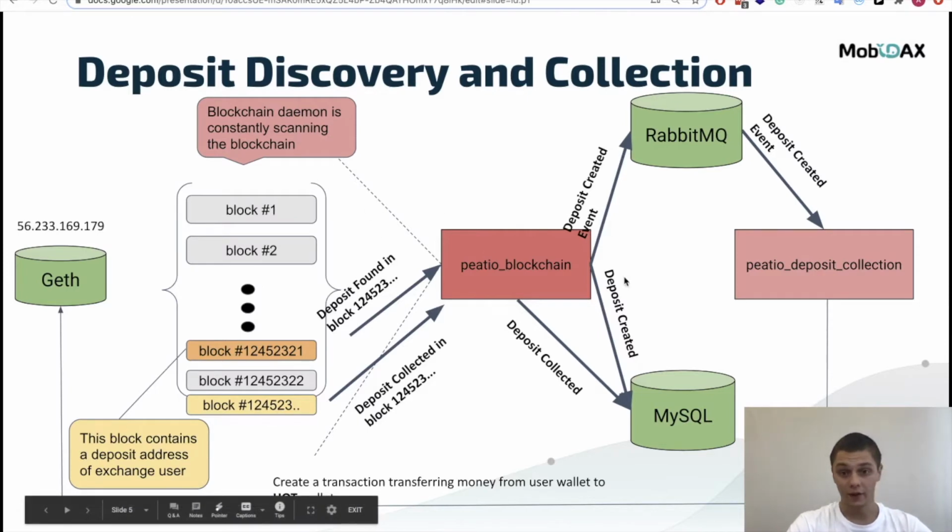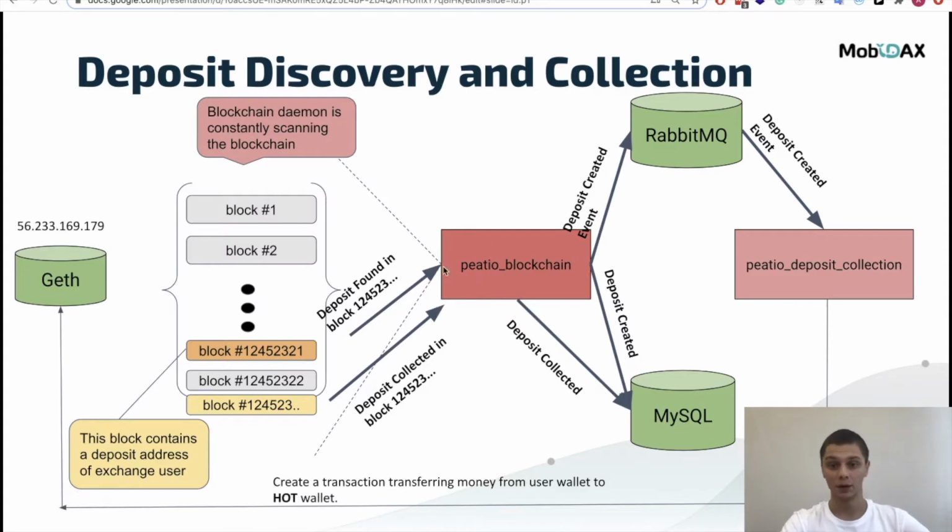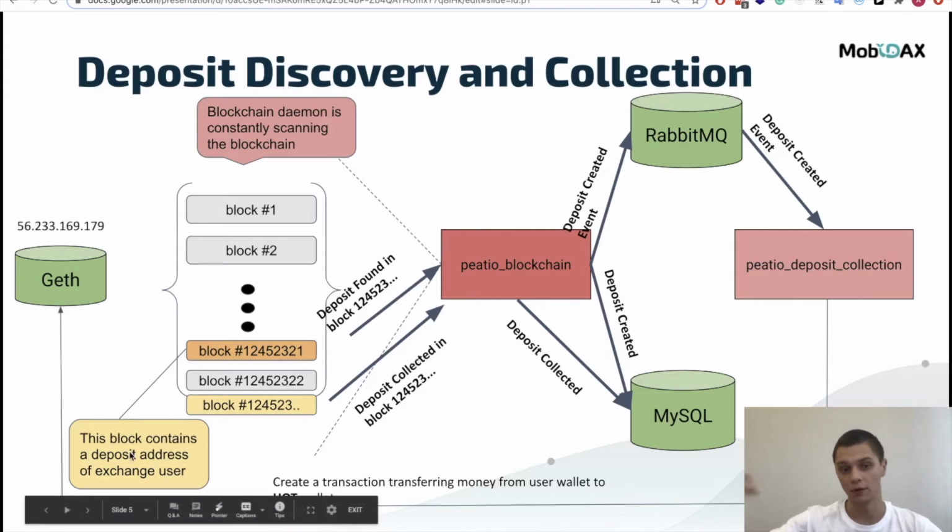And here on our side, on the server side, we have a daemon. A daemon is like a never-ending process. And this never-ending process is called Peatio blockchain. What it does is it constantly scans the whole blockchain. It's processing every block and looking for a deposit address that is on our exchange in some block and some transaction. Then it found this block where you sent your funds to the exchange.